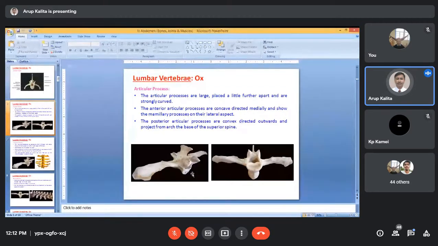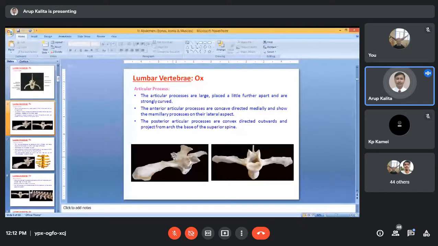This is the mammillary process. The posterior articular process is convex, directed outwards, and projects from the arc, the base of the superior spine. So the anterior articular process is concave medially, and the posterior articular facet is convex laterally.